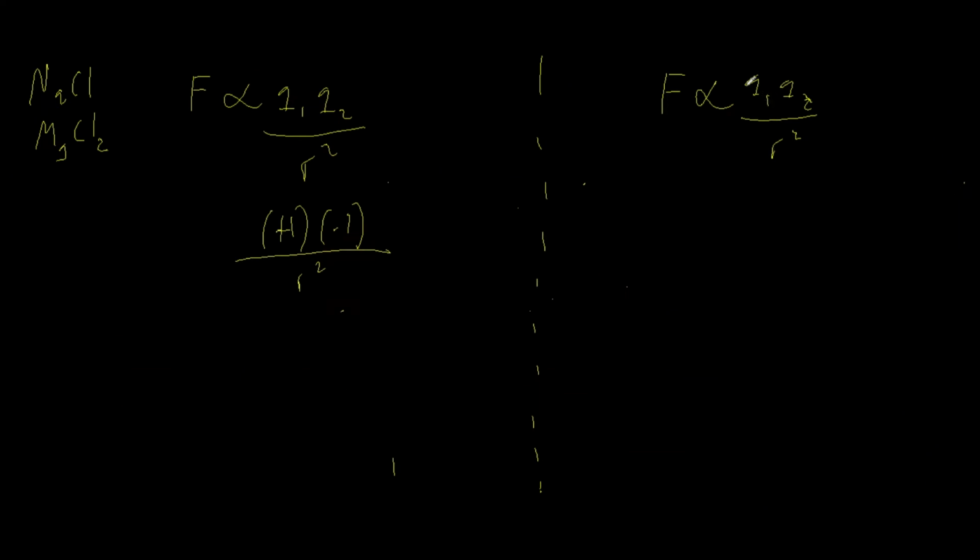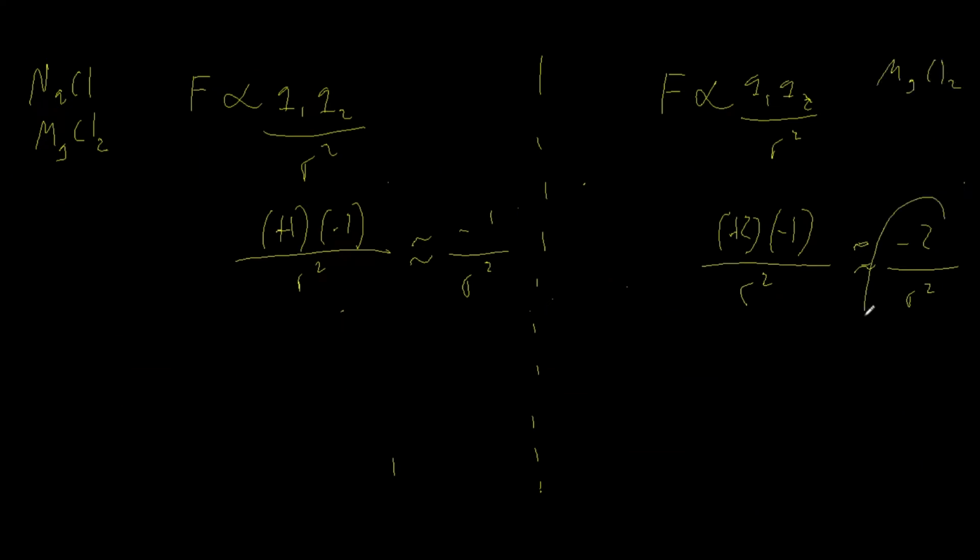Over here, the ion version of chlorine is again -1, but the ion version of magnesium is +2, with relatively similar R values. So which one would you expect to experience greater attraction? It obviously has to be this value over here. We get -2 over R squared, where here you get -1 over R squared. So magnesium chloride, which is on this side, has to experience greater Coulombic attraction, so its lattice energy would be greater.